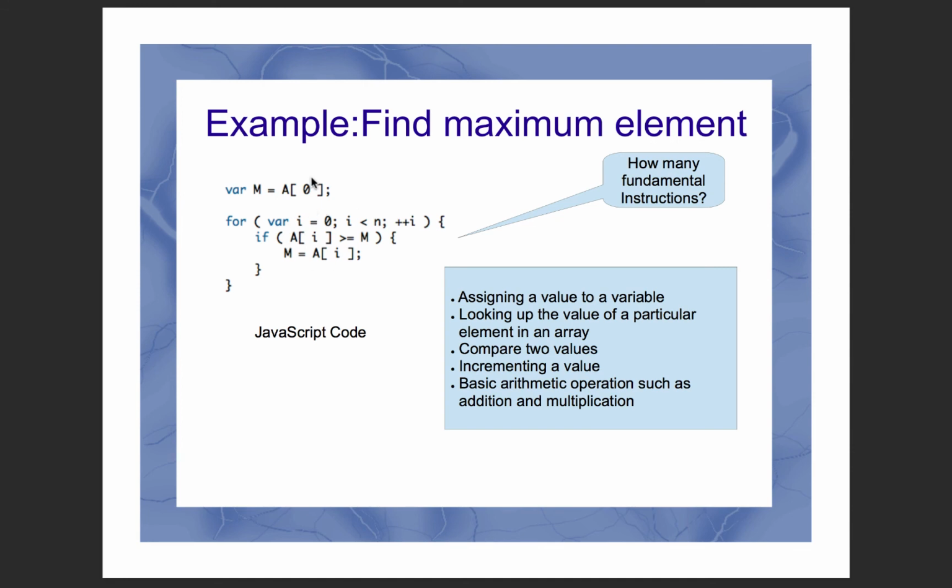In the for loop statement, when you have i equal to 0, this comparison happens n plus 1 times. Why n plus 1 times? Because it runs n times, and the last time it will not satisfy the condition and will not run these statements inside the for loop.